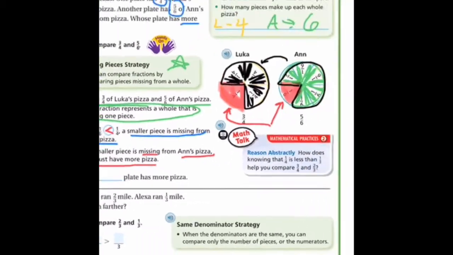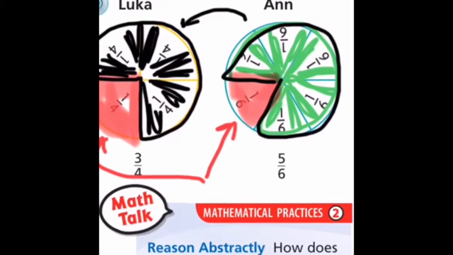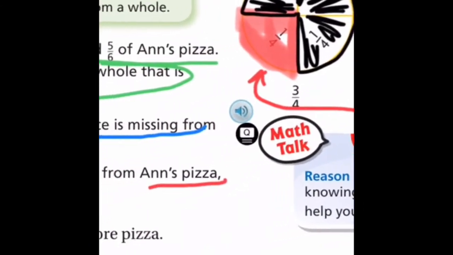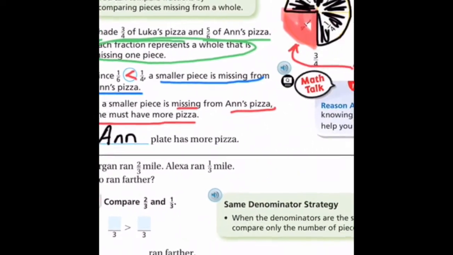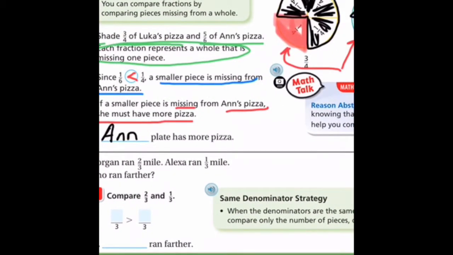So which plate has more pizza on it? Anne's pizza has more pizza on it because she's missing less of her pizza. So she has more pizza. That's Anne. You kind of have to think backwards a little bit for that strategy.